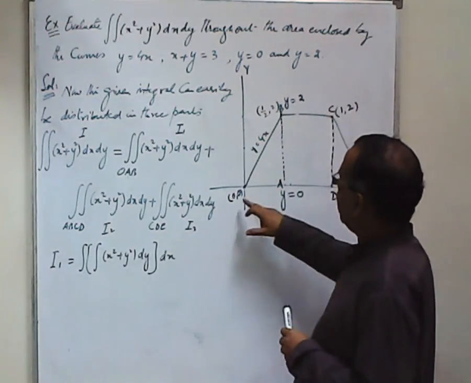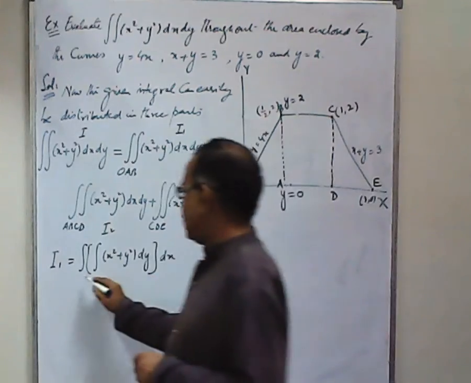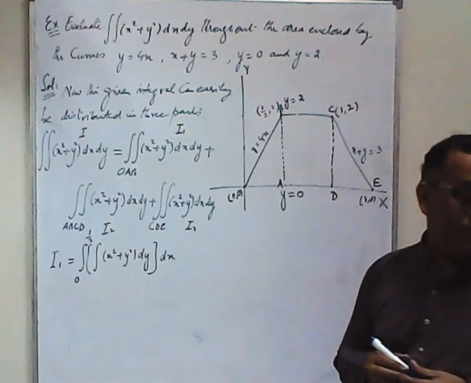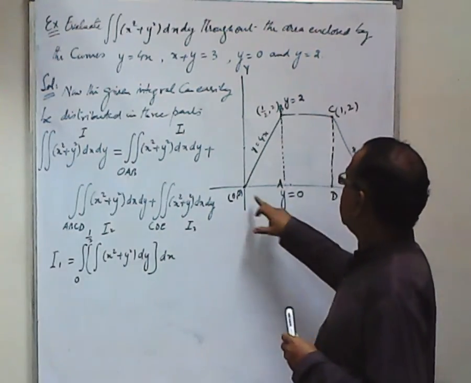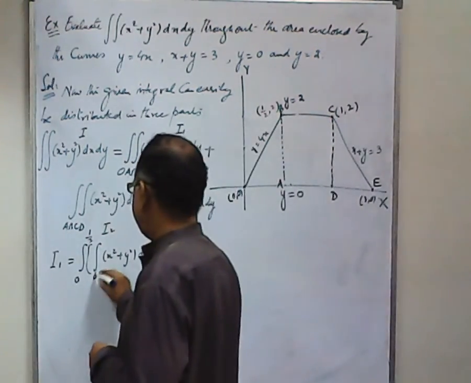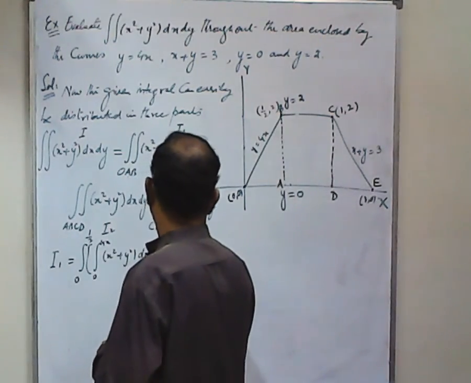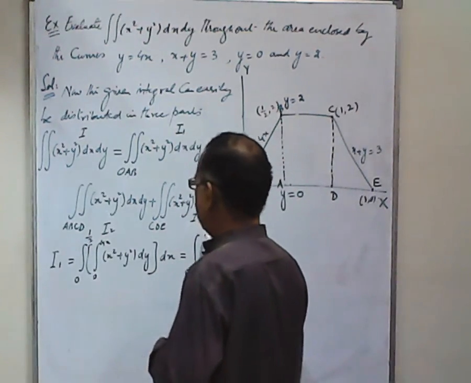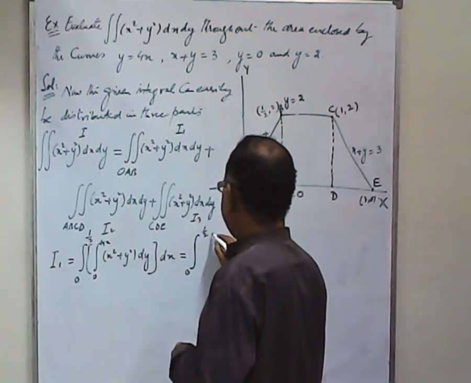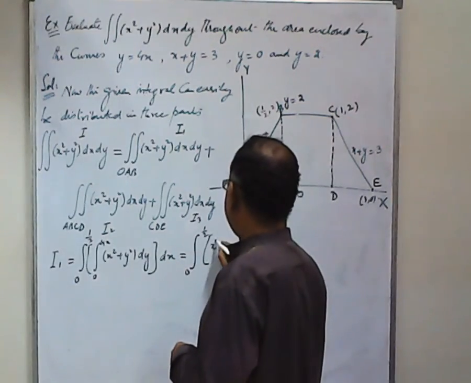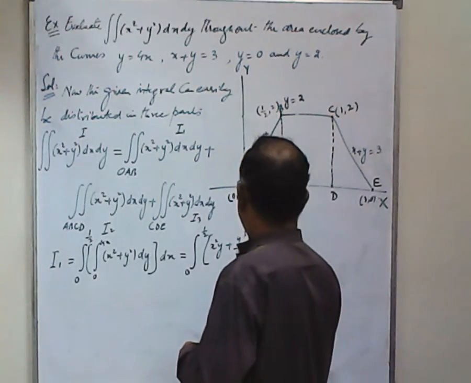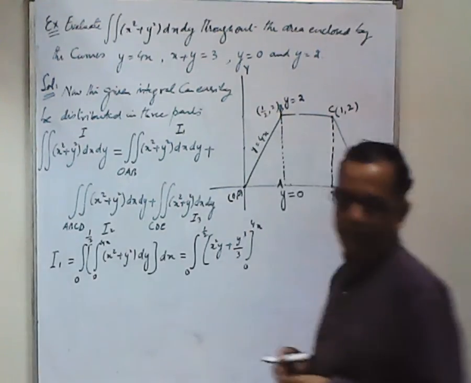So what are the limits of x? x is 0 to 1 by 2, because here x is 1 by 2, and the limits of y were 0 to 4x. So when I calculate, this is 0 to 1 by 2, and then with respect to y, we have x square y plus y cube by 3, and then 0 to 4x.